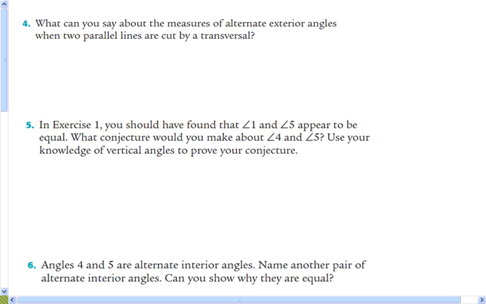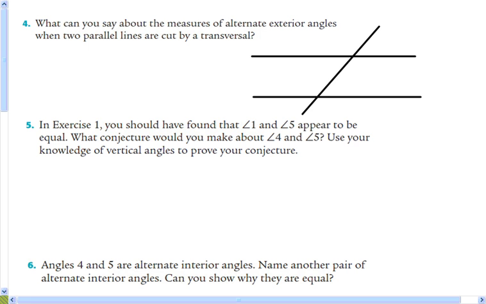What can you say about the measures of alternate exterior angles when two parallel lines are cut by a transversal? So alternate exterior angles. I'll just make a quick drawing. So we're talking about like A and B are alternate exterior angles. What can we say about them? Well, we just found in the last problem that corresponding angles are equal.